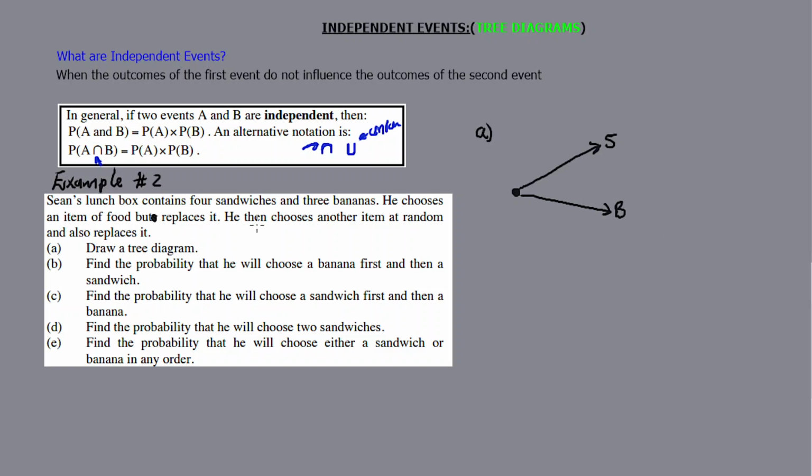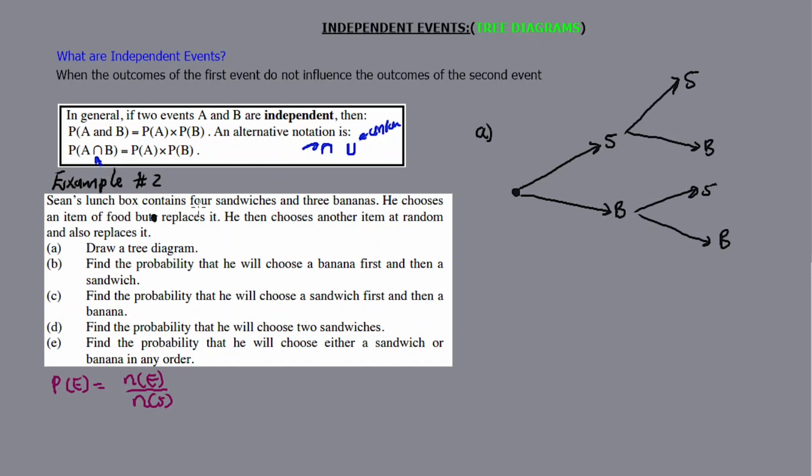And then for the second draw, because he replaced the sandwich, you get a sandwich or a banana. We will put the probabilities in a moment. Another one, it's still sandwich or banana. Now let's put the probabilities. The probability equation is the number of outcomes in that event divided by the total outcomes in the sample space, right?